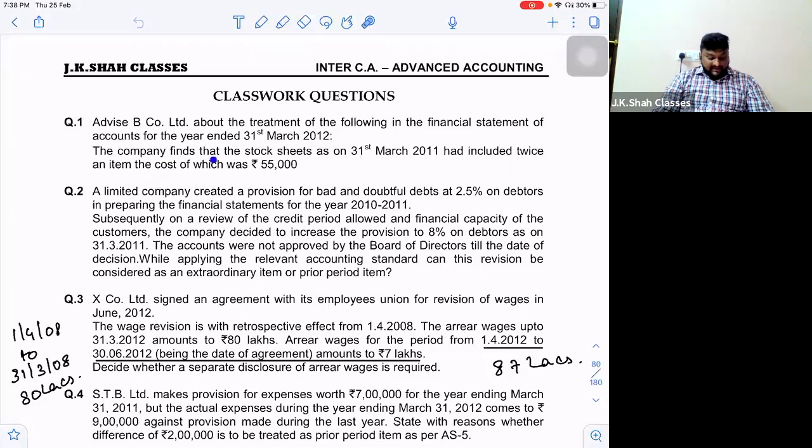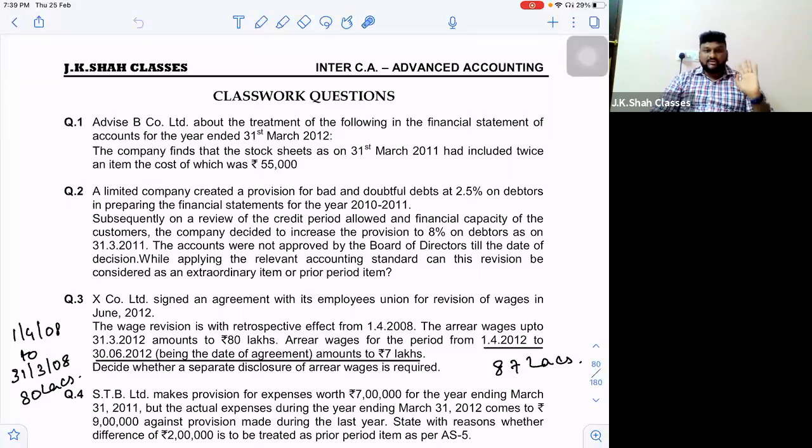The company finds that the stock sheets as on 31st March 2011, that is last year's stock sheet, had included twice an item, the cost of which was 55,000. So technically in the last year's closing stock, 55,000 was recorded twice, which in this year you have found out.